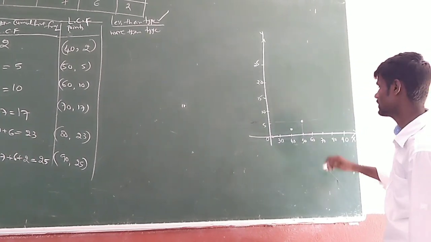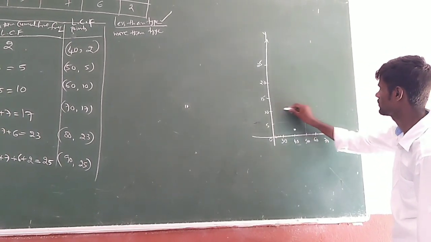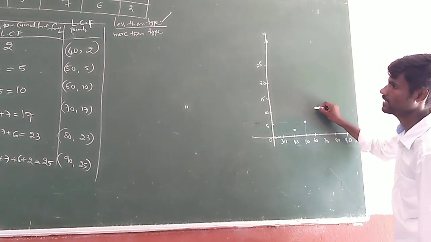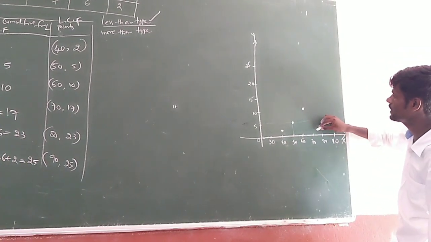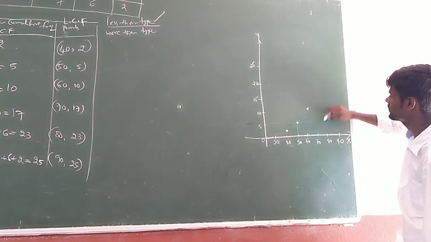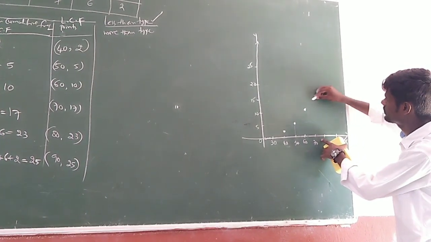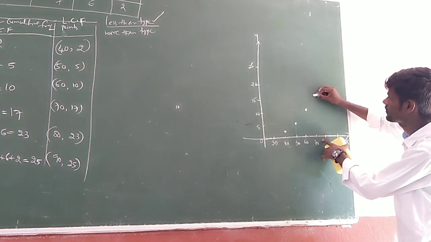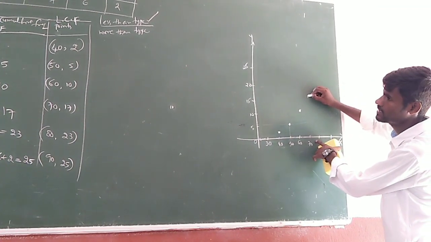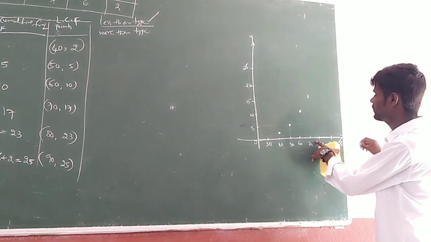Next, 60, comma 10. Next, 70, comma 17, between 15 and 20 you will get it, so we will get it here approximately. Next, 80, comma 23.